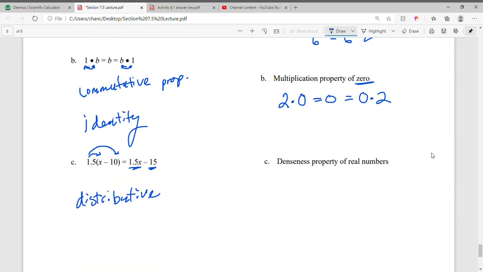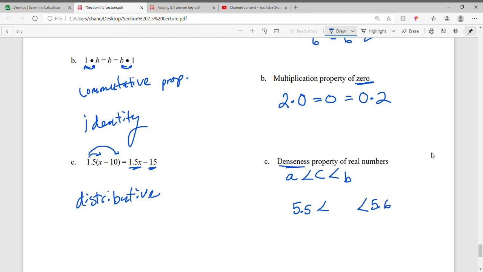For part C, we'll have to show the denseness property of real numbers. In order to show that, we have to consider numbers a and b and find the number c between them. So let's give an example. Let's say 5.5 and 5.6.